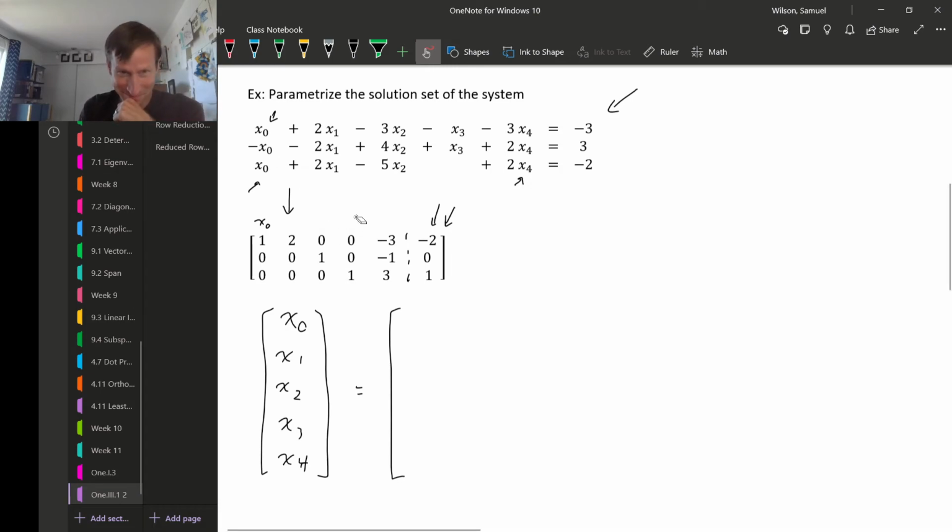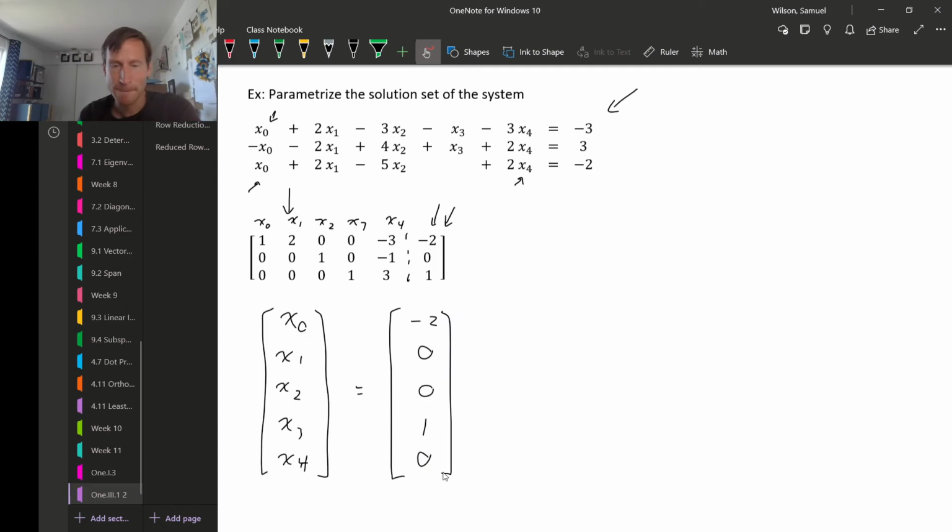Sorry. x0, x2, and x3. There we go. So we need a -2 here, and a 0 here, and a 1 there. Okay, and then for the free variables, which are x1 and x4, those get zeros. Free variables always get zeros in this constant vector.